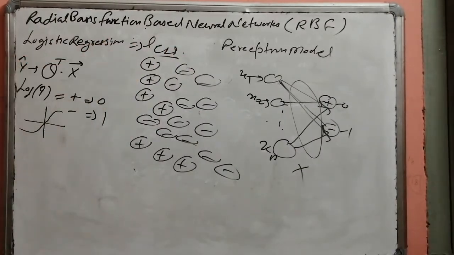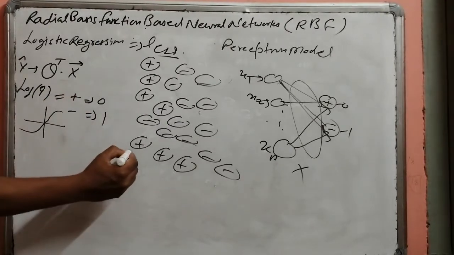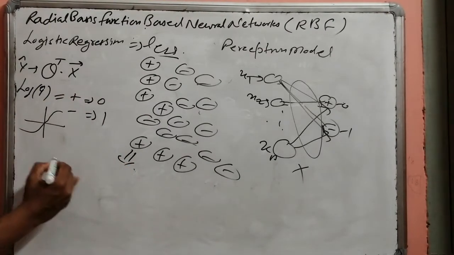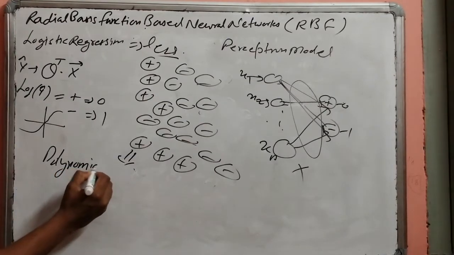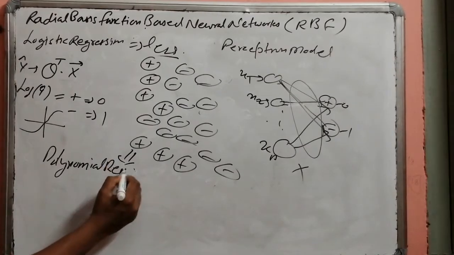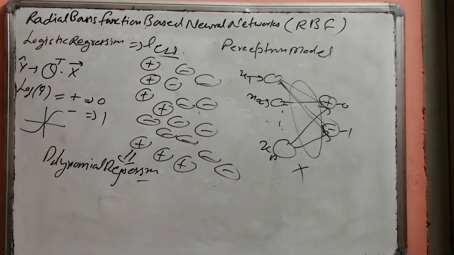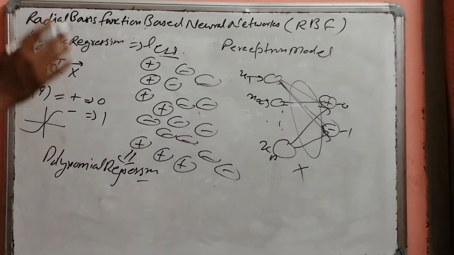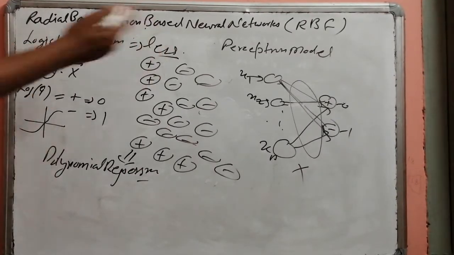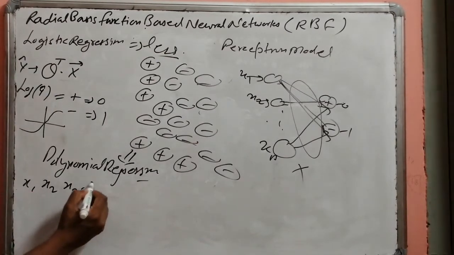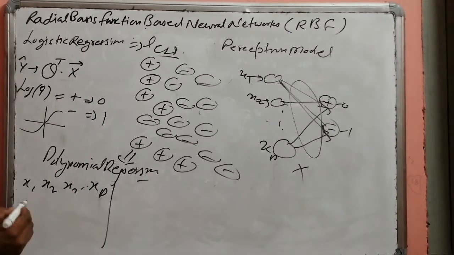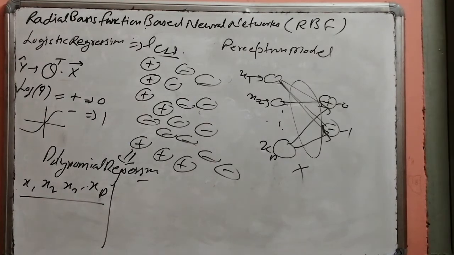But your logistic regression further tries to solve this problem by using a polynomial regression kind of thing. What we do is, suppose there were p features, x1, x2, x3 to xp, and we know that the space distributed amongst these features was not linearly separable.